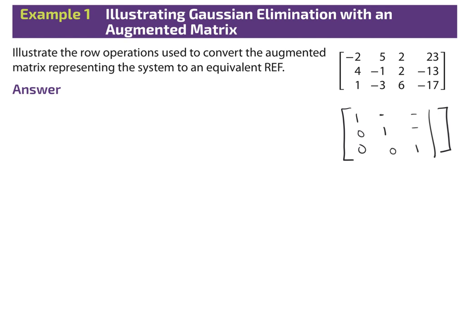To get maybe this one, it's in the first position, but I really need that one on the top row. Well, I can flip-flop any two rows, and that's what I'm going to do at first. I'm going to rewrite this and just flip-flop these rows, because really, I'm just talking about systems of equations. It doesn't matter which order I write them in.